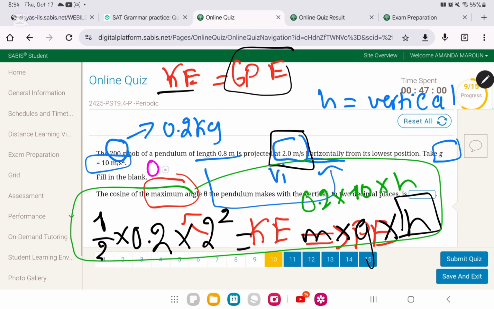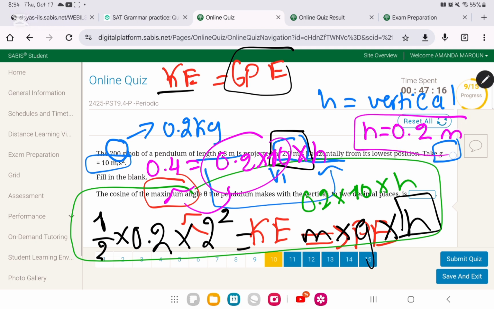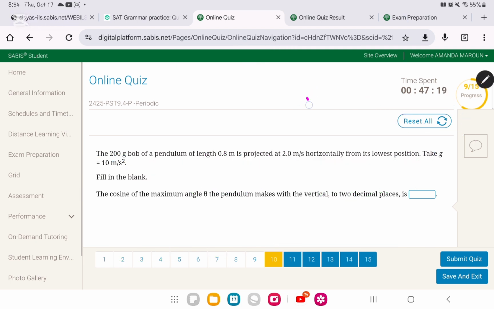So now 0.4 is equal to 0.2 times 10 times H. Bring these to the other side, you will get 0.4 over 0.2 times 10, and then you will get that H is 0.2 meters. Now, we found the height, which is 0.2 meters.